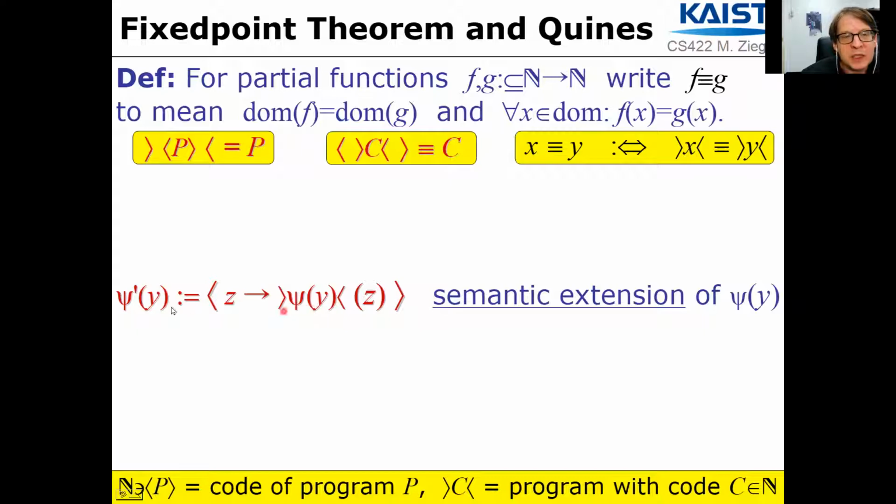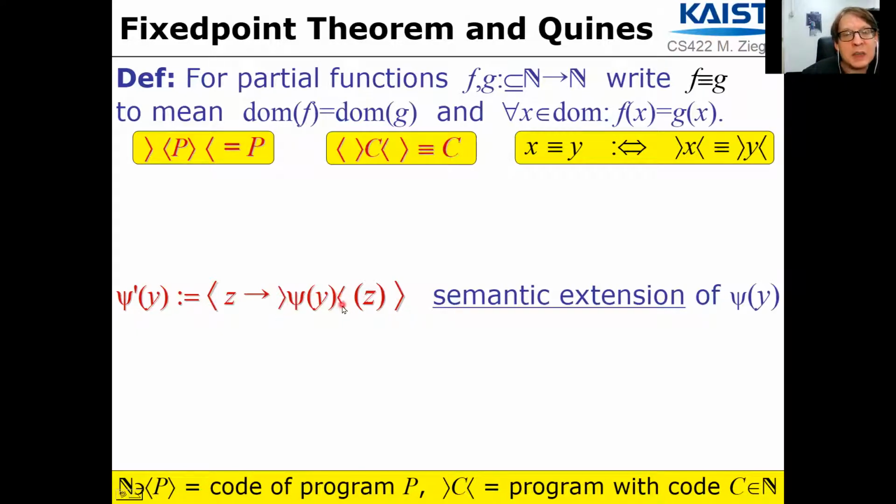The new one also receives argument y like the old one, and then considers the return value of this function psi of y. And let's for now suppose that it is defined. First case, suppose psi of y is defined, then this represents a natural number.